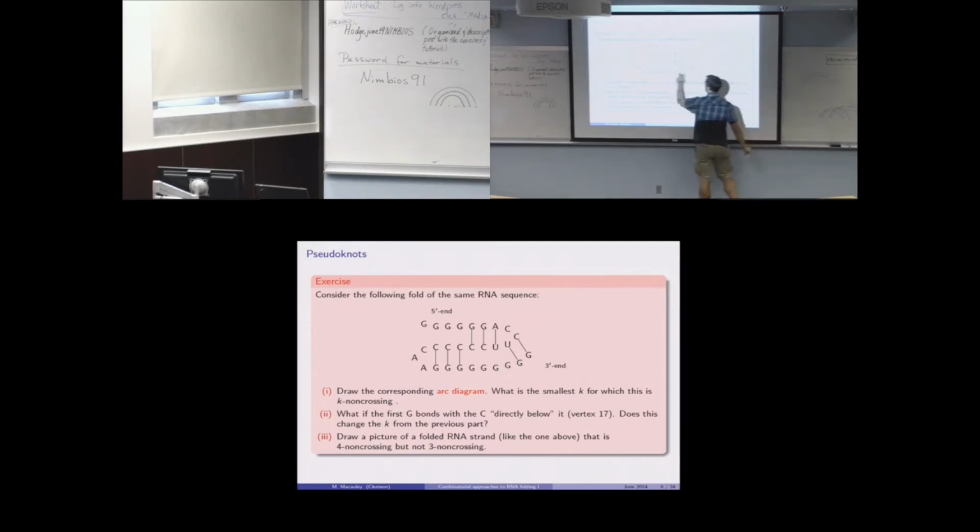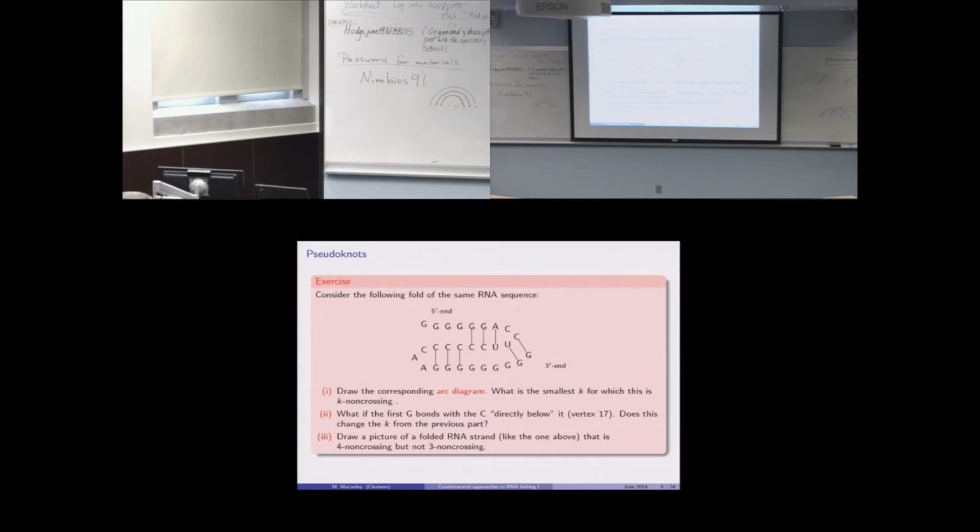This is going to be a loop like this, like that, right? And then this loop here is going to start from inside here and go out there, right? So this is now a pseudoknot.